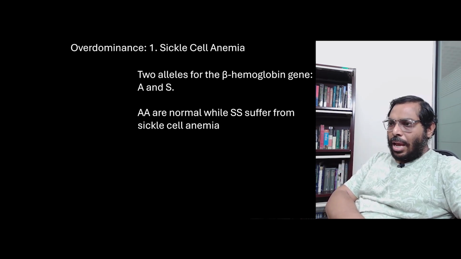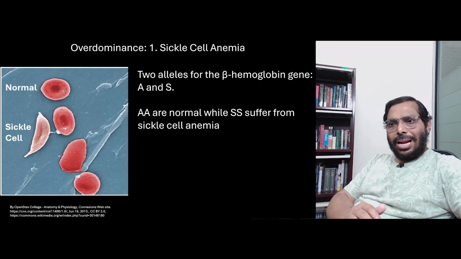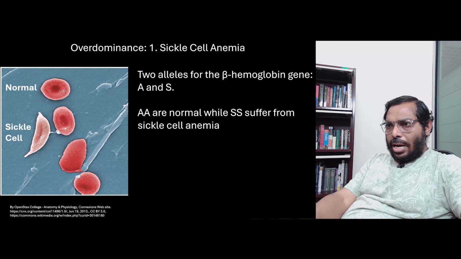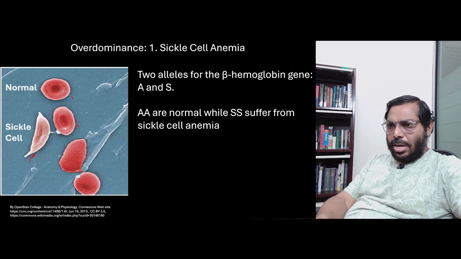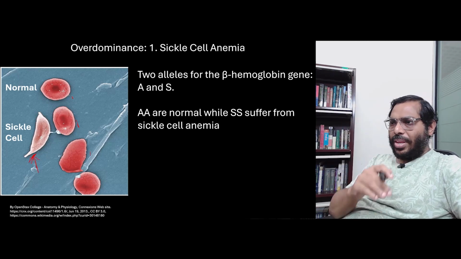Now, what exactly happens in sickle cell anemia? Here what I am showing you are the red blood cells of humans, and these are the normal ones, the circular ones, and this one over here is an abnormal one. You can see that it looks like a sickle, right?